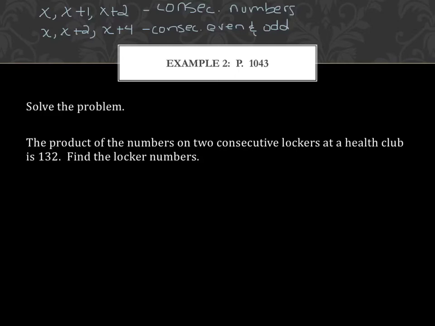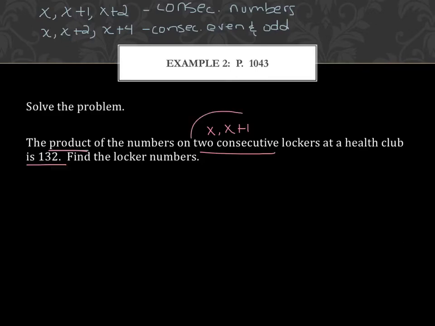Alright, so the product means we're going to be multiplying the numbers on 2 consecutive lockers. So that means I'm going to have x and x plus 1, at a health club, is 132. So the product is 132. Find the locker numbers.